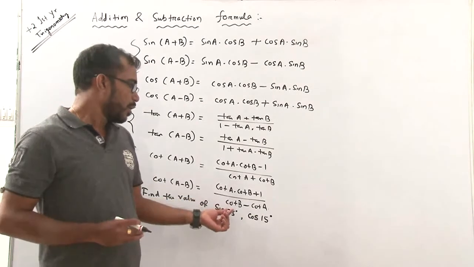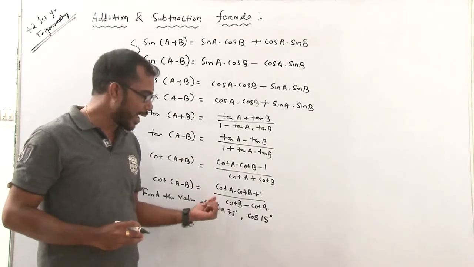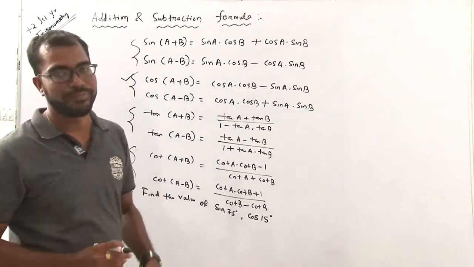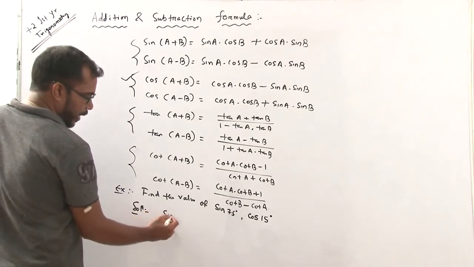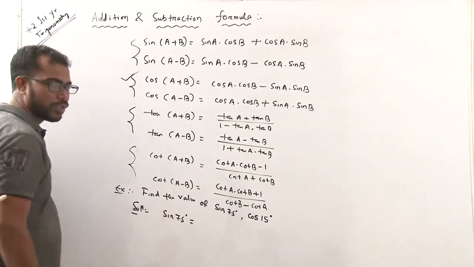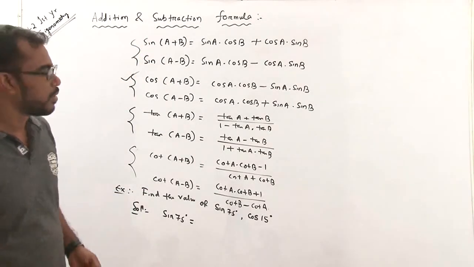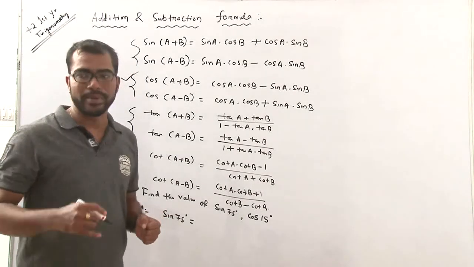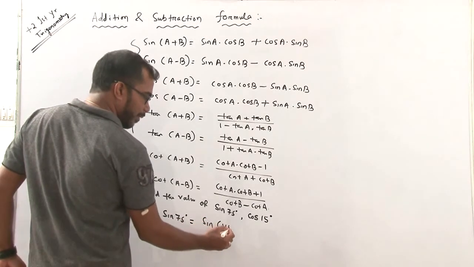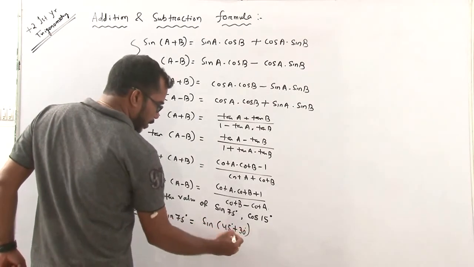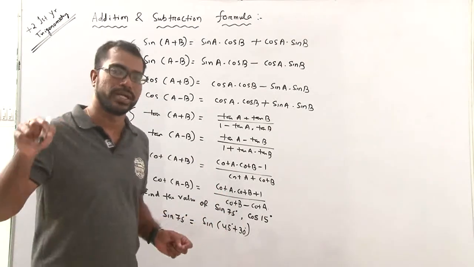According to the standard angle tables, we have to evaluate sin 75 degree and cos 15 degree. How to calculate? First we have to find sin 75 degree. 75 can be expressed in addition or subtraction form, and you can write 75 as 45 plus 30, because these two values are involved in the standard angle tables.